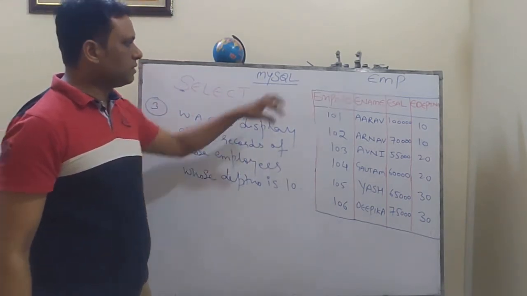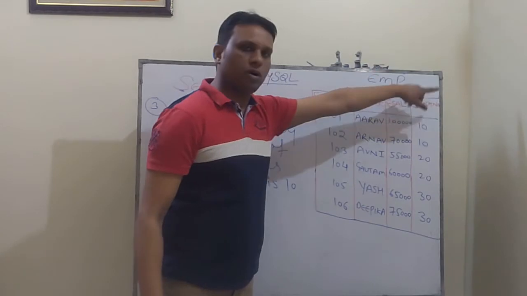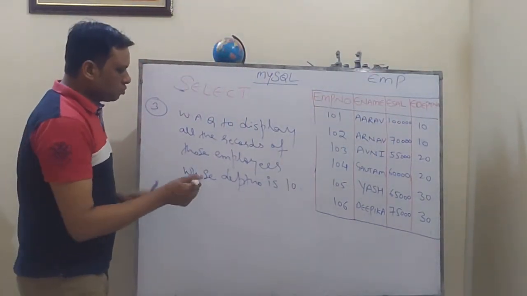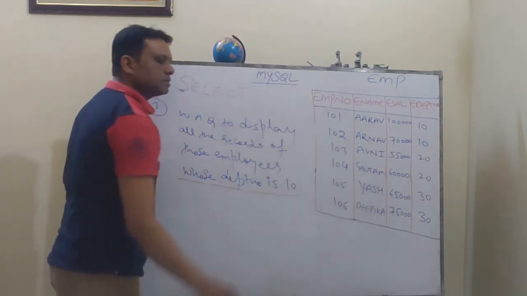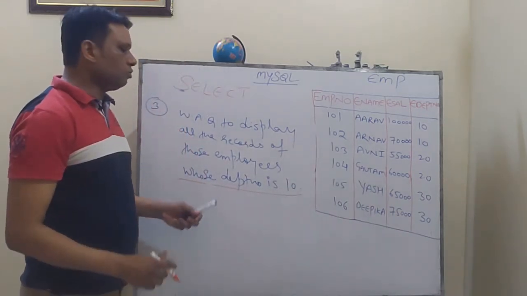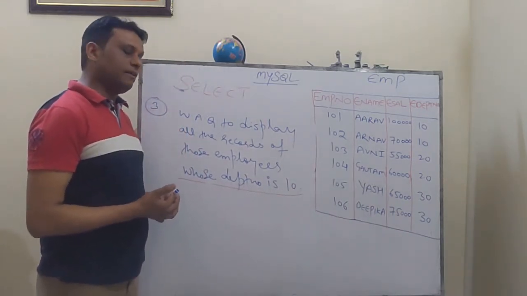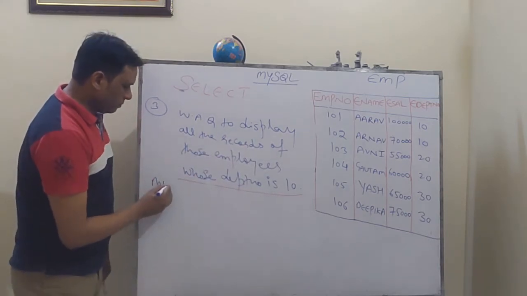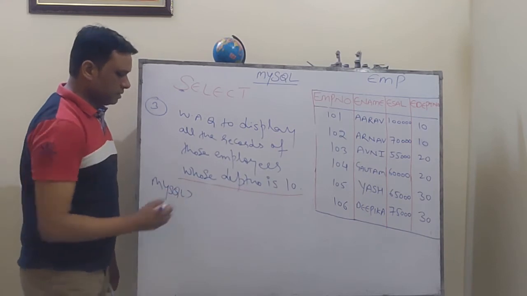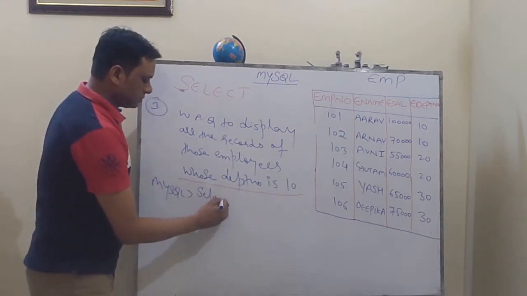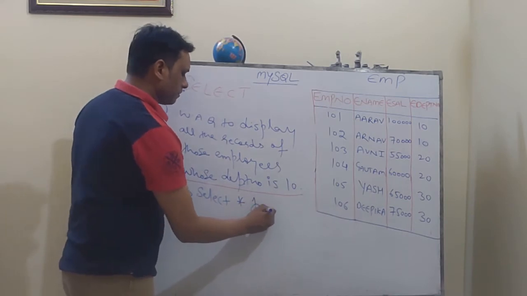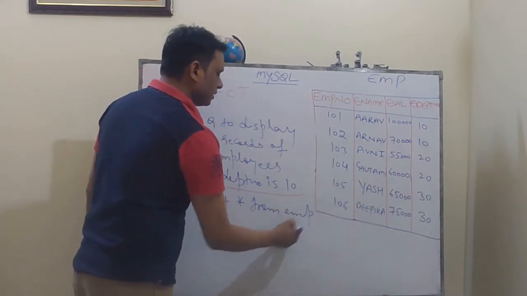All the records means values from all the columns. But there is a condition. What's the condition? Whose department number is 10. This is the condition. So how to write those queries which contain conditions inside them? Look at MySQL: select star from EMP.